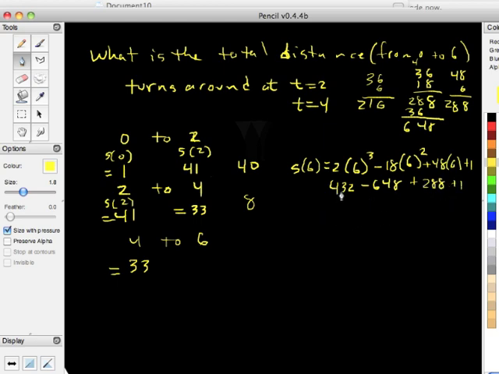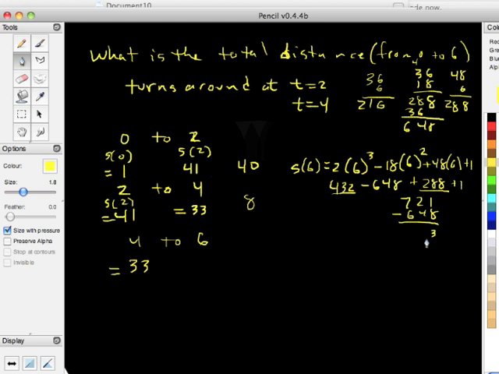Really didn't travel that far, turns out. So we have 288 plus 432 is 720, plus 1, 721, minus 648.